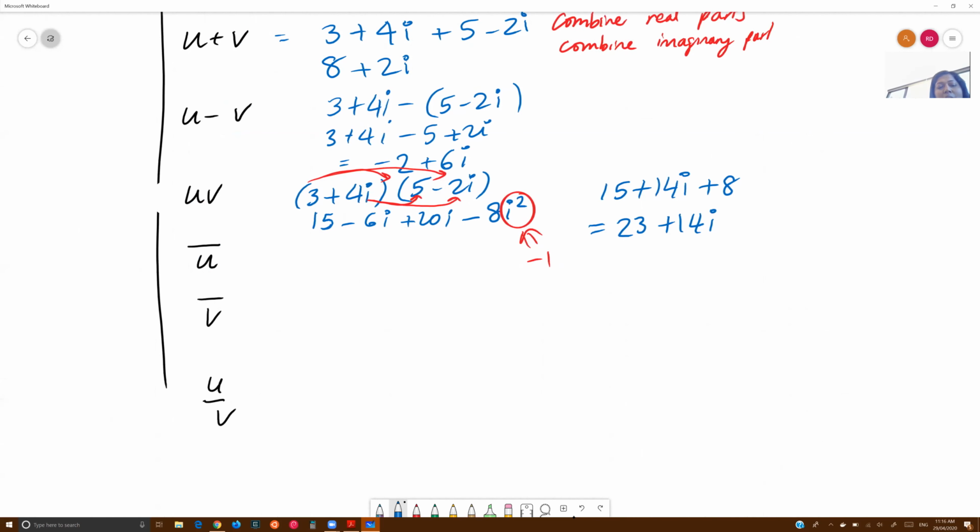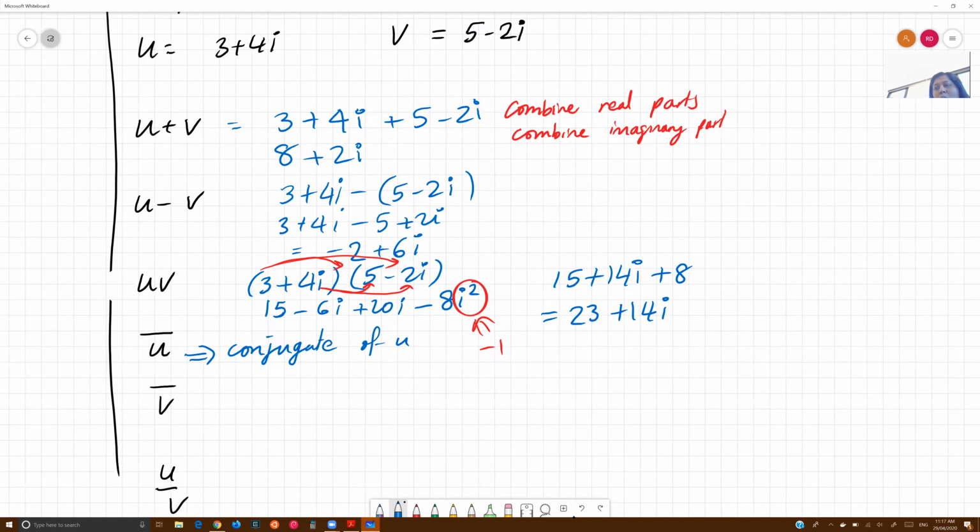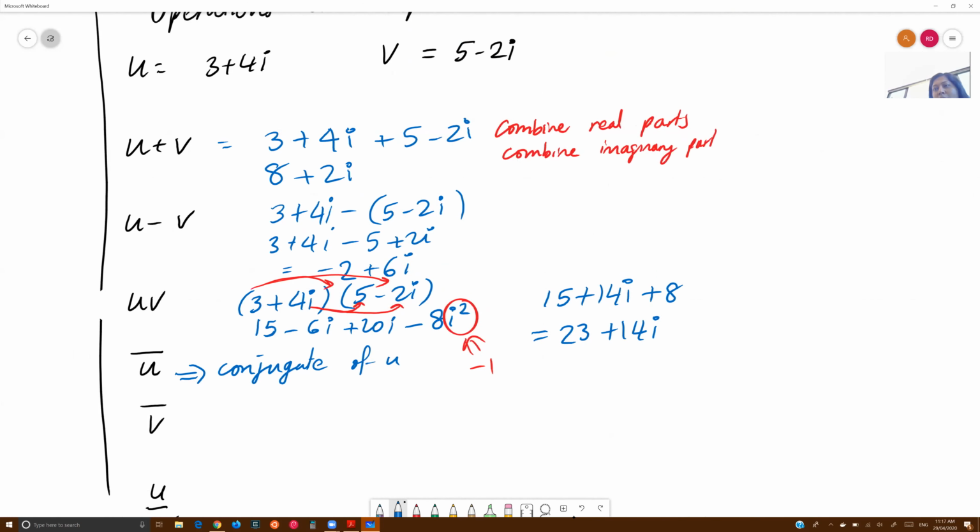Now I'm going to move on to the next part. When you see a line over a letter, we have seen this when we were doing surds, and it's called the conjugate of. So this is the conjugate of u. Just like we did with the surds, what we do is change the sign of the imaginary part.